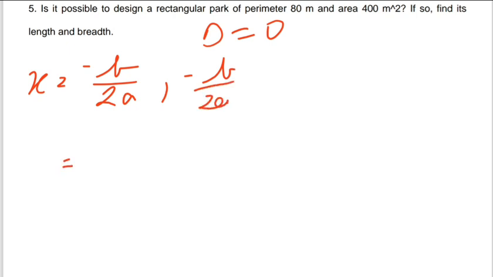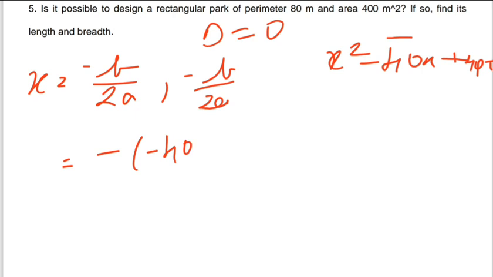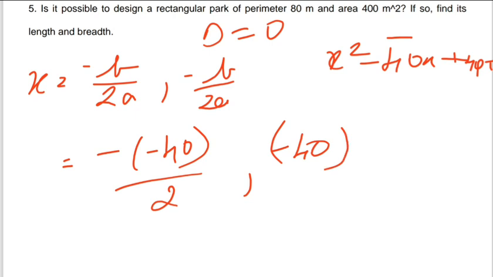Our equation is x square minus 40x plus 400, so b is minus 40. x is equal to minus of minus 40 by 2 into 1, which is 40 by 2.